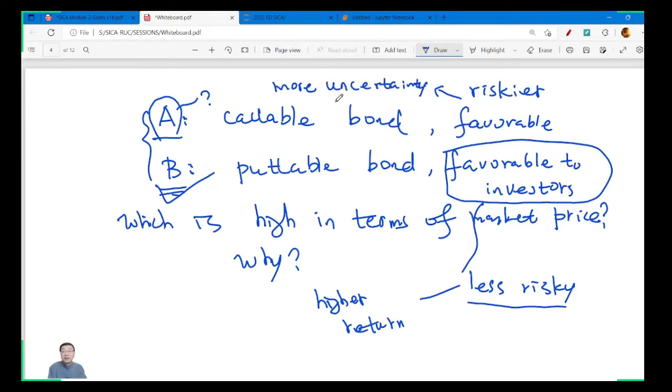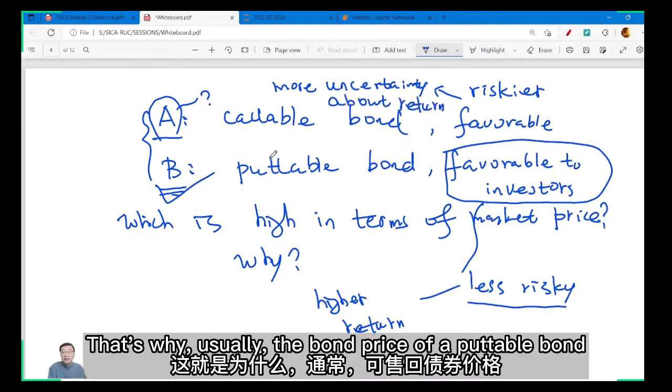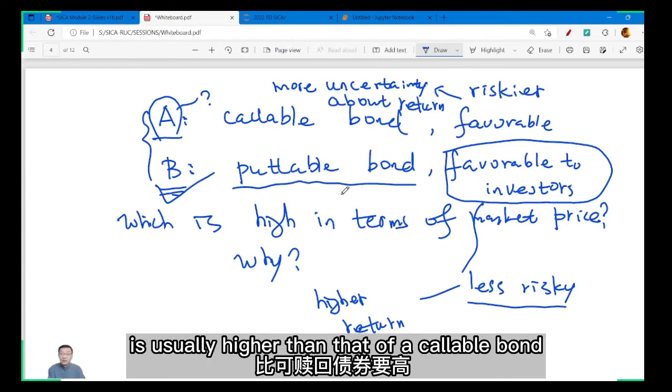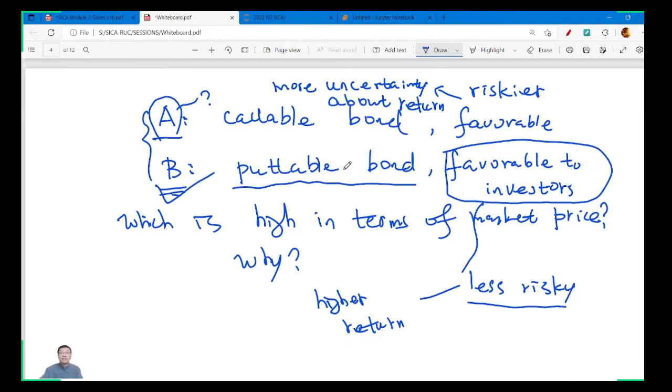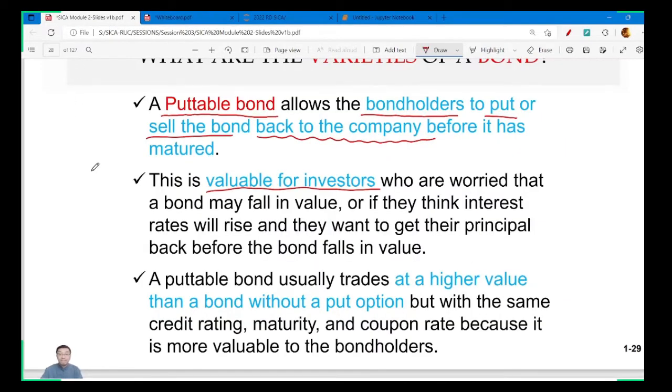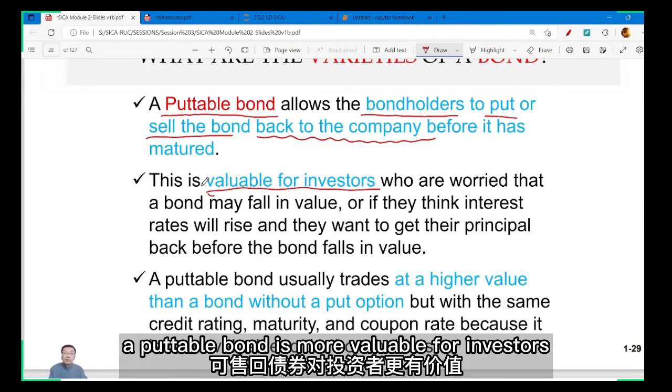That's why the price of a puttable bond is usually higher than that of a callable bond, suppose all the other conditions are the same. A puttable bond is more valuable for investors.